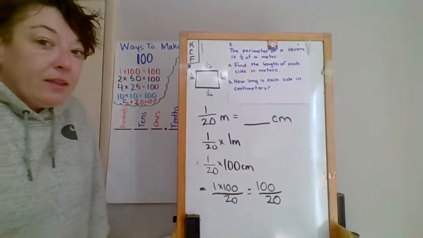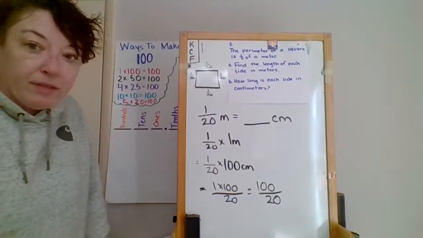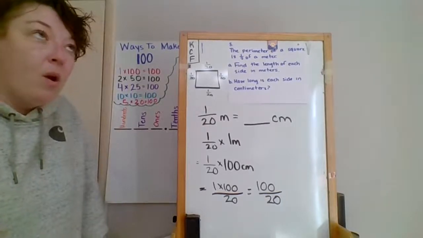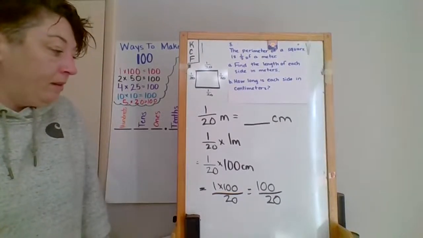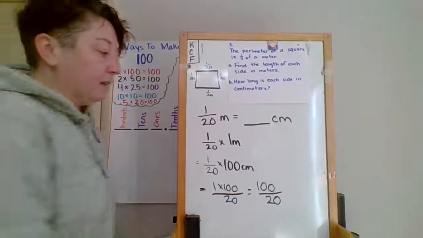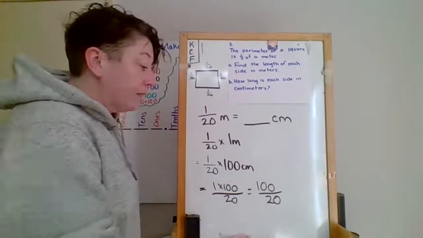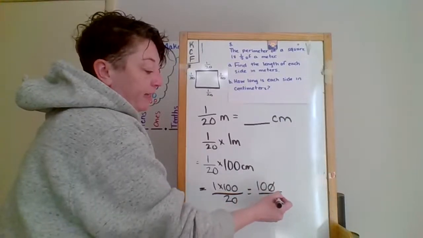And the numerator is much bigger than the denominator. So I know that I have to do some dividing. So I want to think, how many times does 20 go into 100? Or I can think, what's 100 divided by 20? You may be noticing that we have 2 zeros here. We can cancel those out. So 100 divided by 10 would be 10. 20 divided by 10 would be 2.